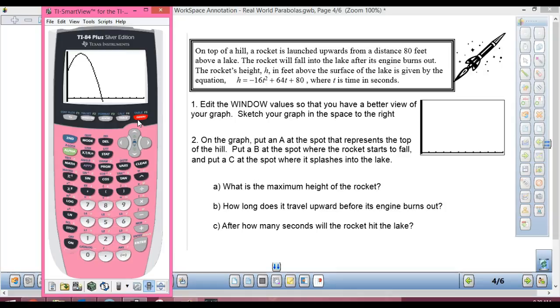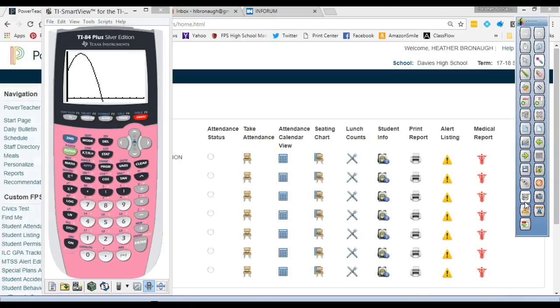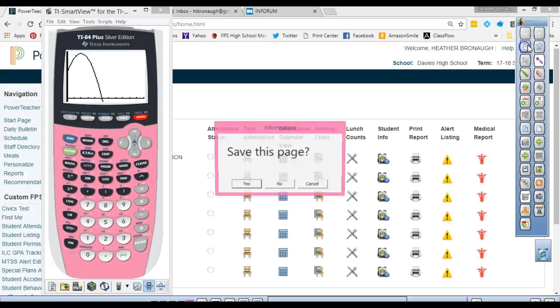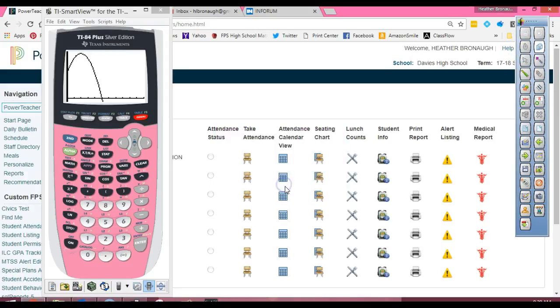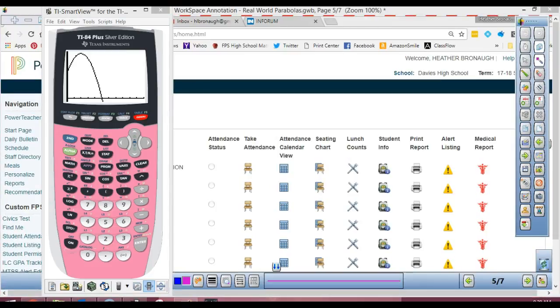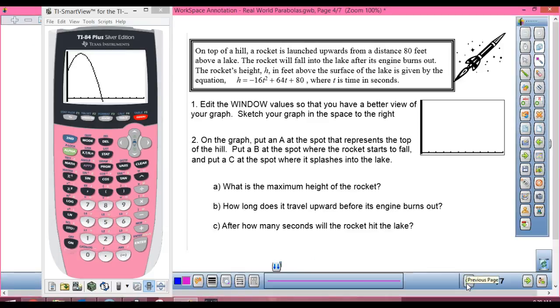Okay, when you are playing with your window, a couple things that I want to warn you about. All right, so a couple things that I want to tell you. If this is your picture, not good enough.